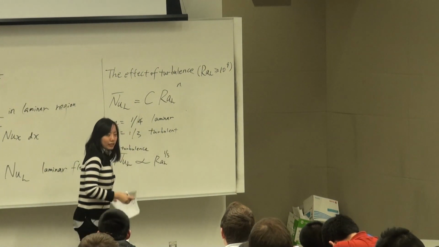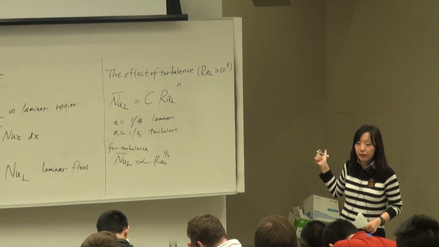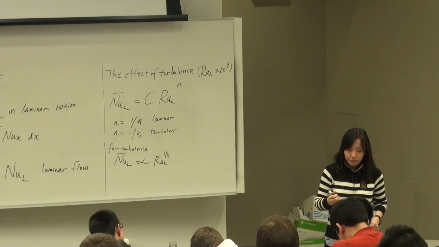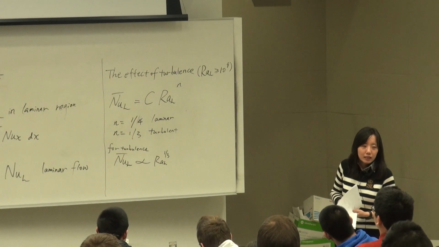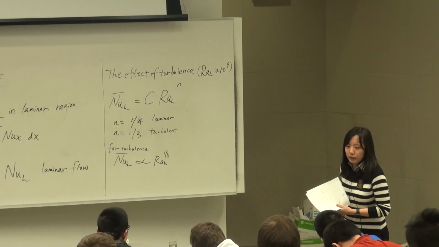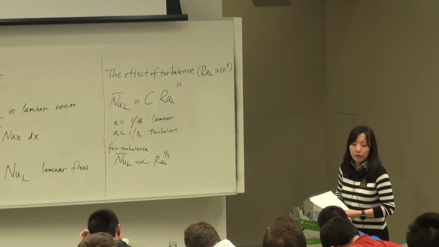What does this correlation mean? It means nothing by itself. But if I have an exponent of 1/3, what does it imply? It's turbulent, because the Rayleigh number is larger than 10 to the power of 9, right? How would the thermal boundary layer develop? How about our convection coefficient?